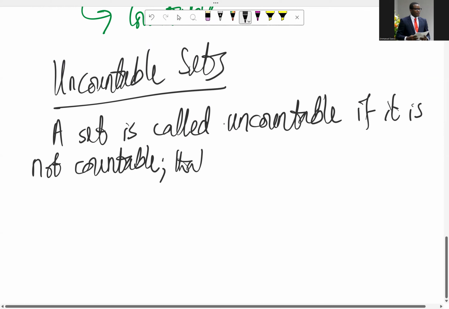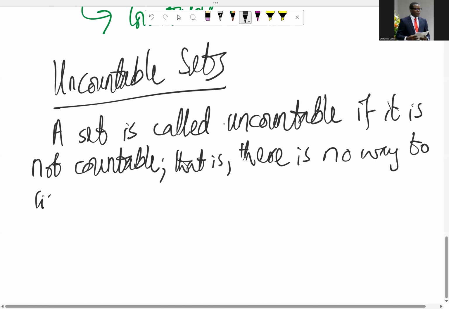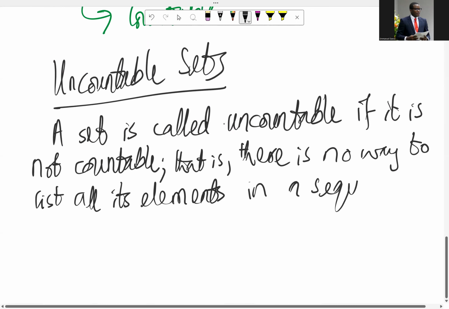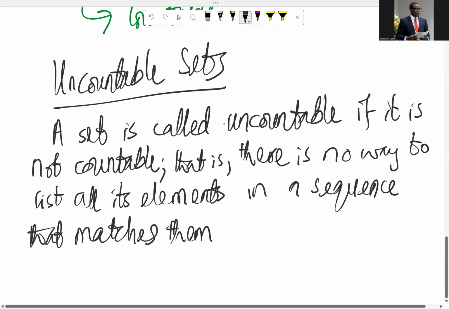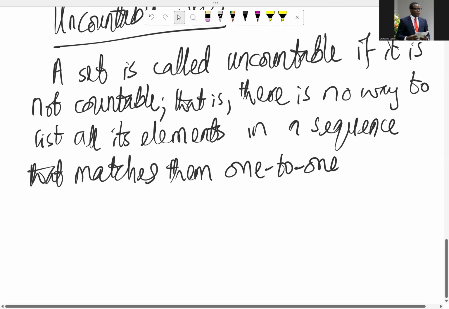That is, there's no way to list all its elements in a sequence that matches them one to one with the natural numbers.